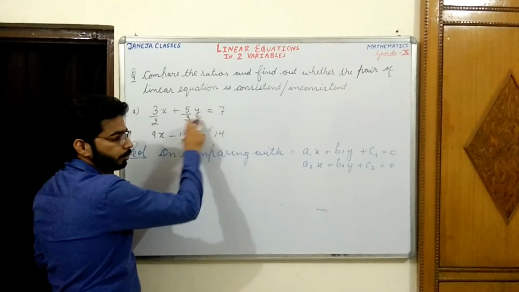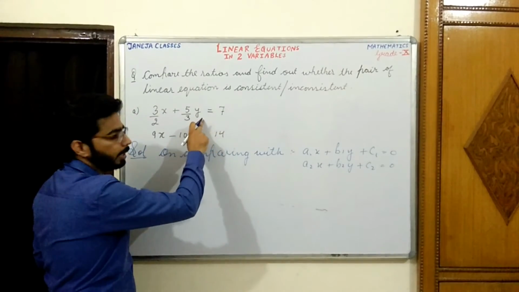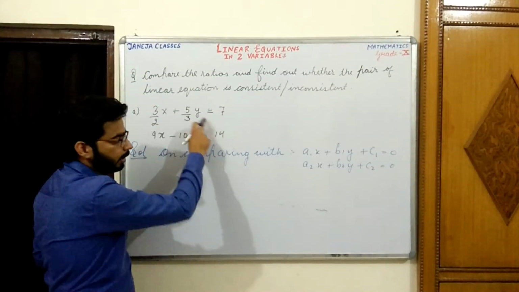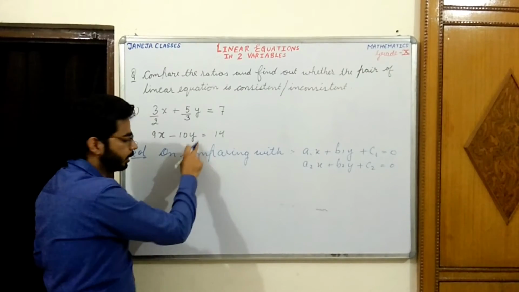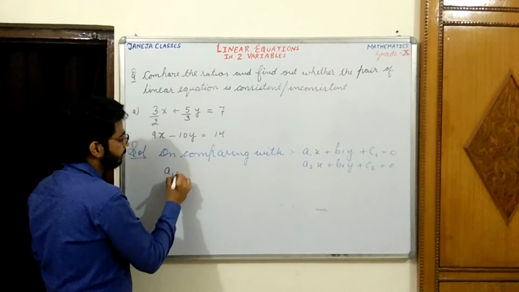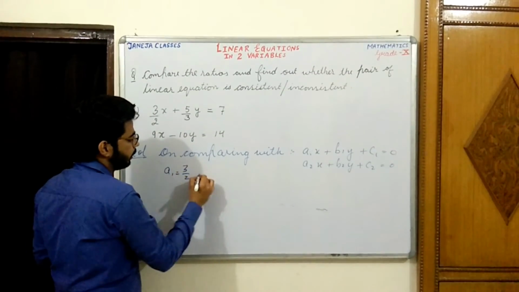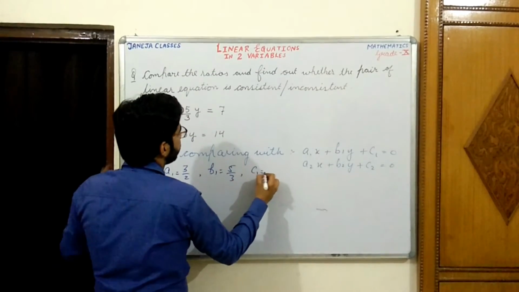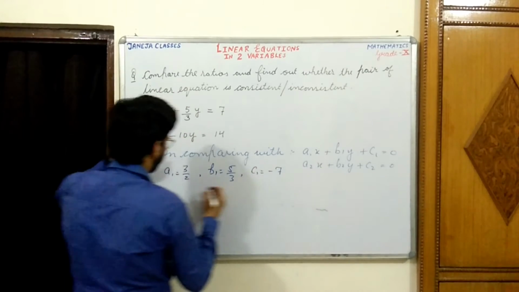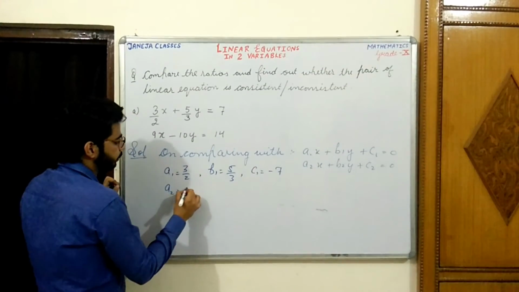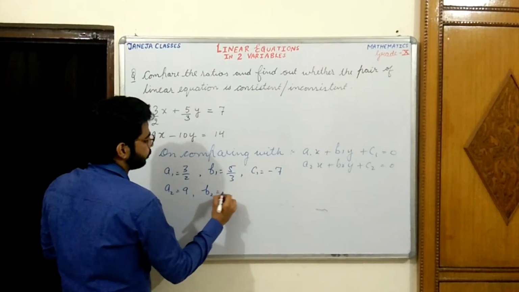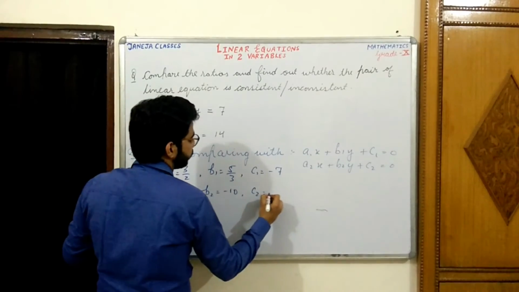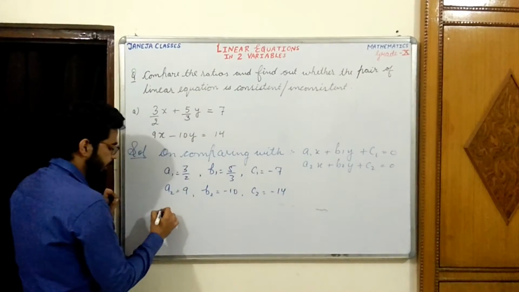And when 7 comes to the LHS, it will become minus 7 and this will also become minus 14. So let us write a1 is equal to 3 by 2, b1 is equal to 5 by 3 and c1 is equal to minus 7. In the same way, a2 is equal to 9, b2 is equal to minus 10 and c2 is equal to minus 14. Let us take out the ratios.